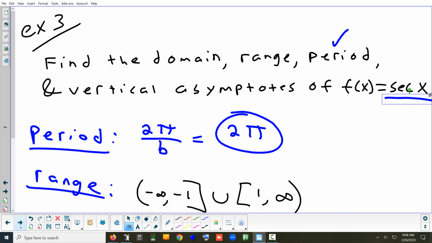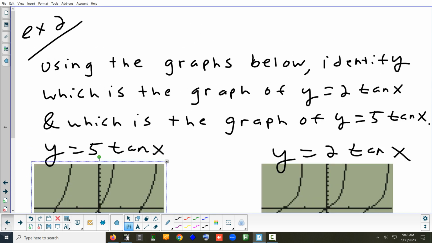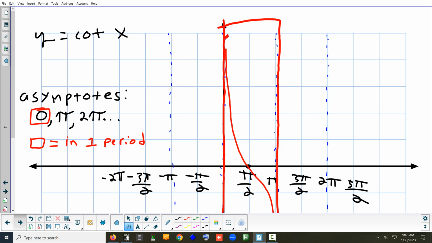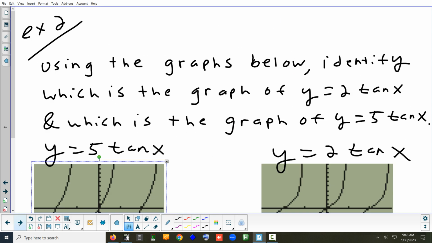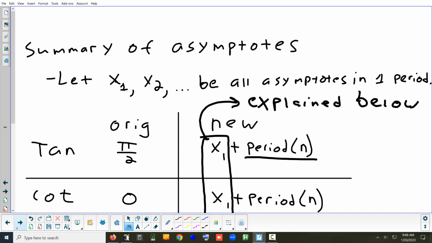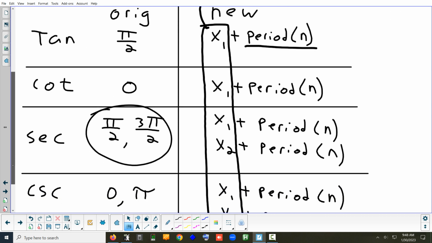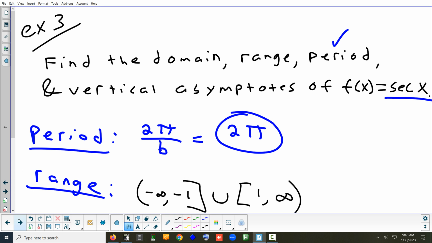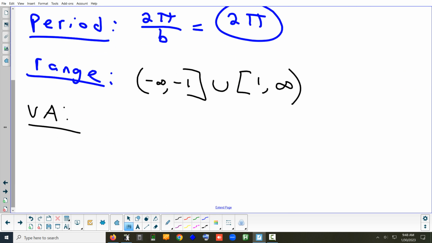Am I doing any transformations to secant in this problem? No. Then I don't have to go through any of the steps that I gave you on slide 6. You guys have it right in your notes. But I don't have to do any of that because I'm not changing them. So pi over 2 and 3 pi over 2. Those are my asymptotes.